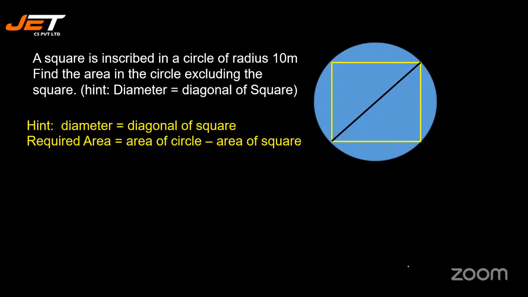All right. So what is the area of circle here? Pi r square minus what is area of the square? So area of the square is side into side, right?